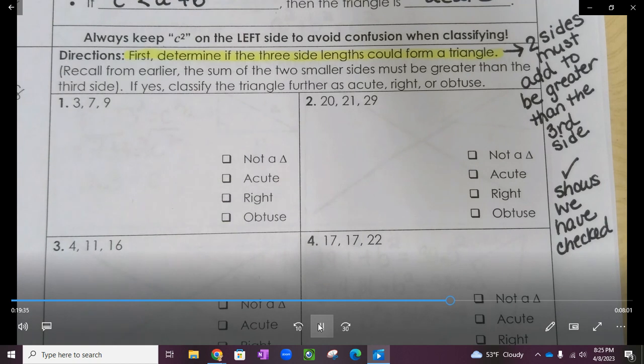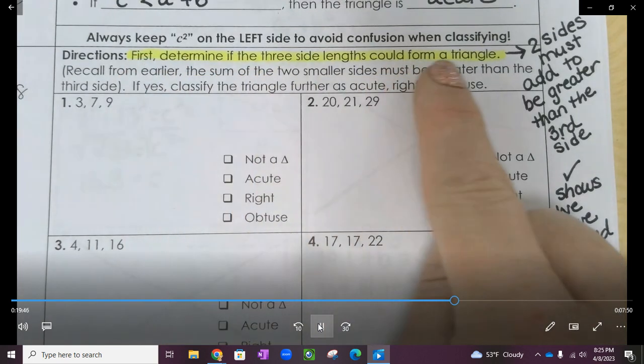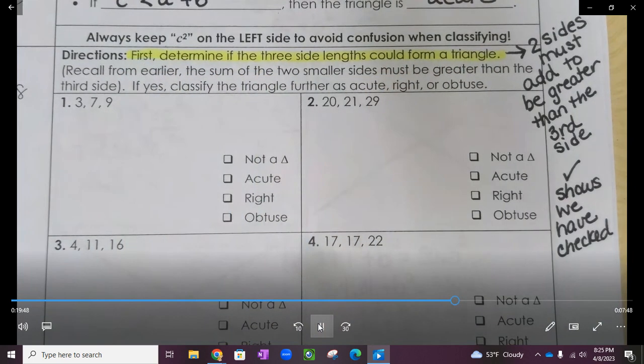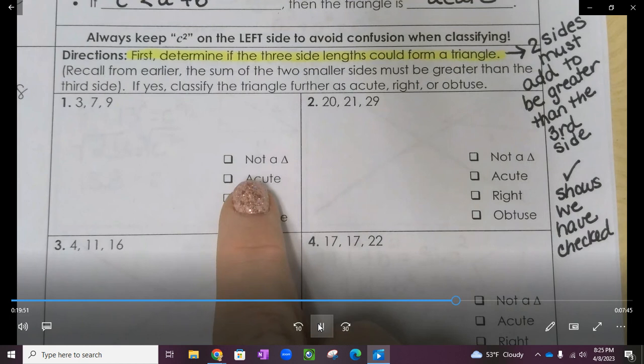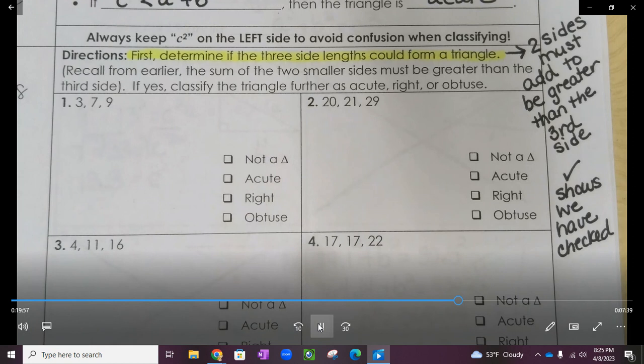There's only certain numbers that you can put together to form a triangle. So the first thing we have to ask ourselves is, is this a triangle? First, determine if the three sides could form a triangle. If yes, then we figure out if that triangle is acute, right, or obtuse. If no, you're done with the problem.